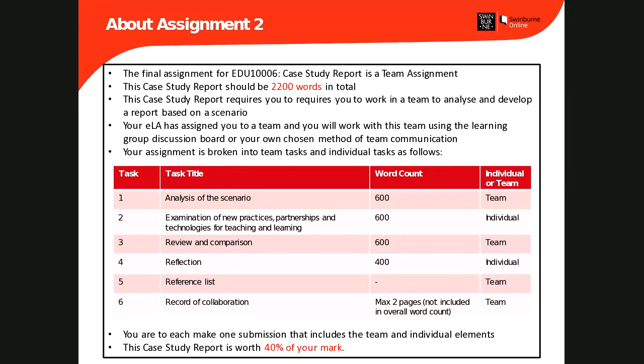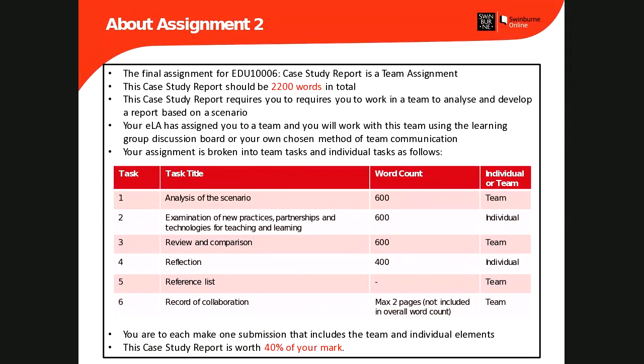This isn't in your word count, so it doesn't add to the 2,200 words plus or minus 10%. And really, this is just so we can see how you've collaborated, how you've put it all together. And I'm going to go through that in a bit more detail because I know that there's been a few questions based on that.